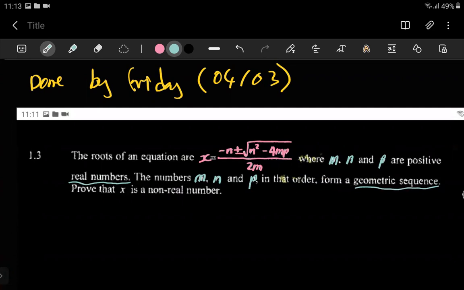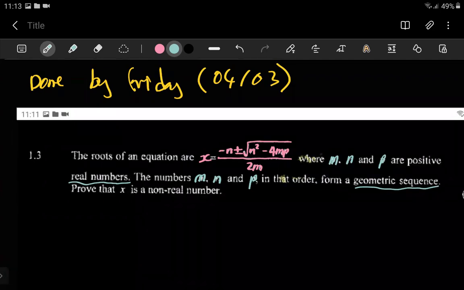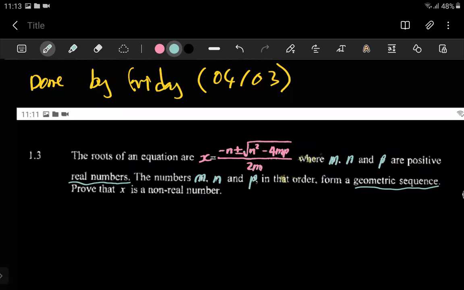Since you may not have dived into number patterns, the one thing you can already remember is that anytime you're dealing with a geometric number pattern, it has a common ratio.